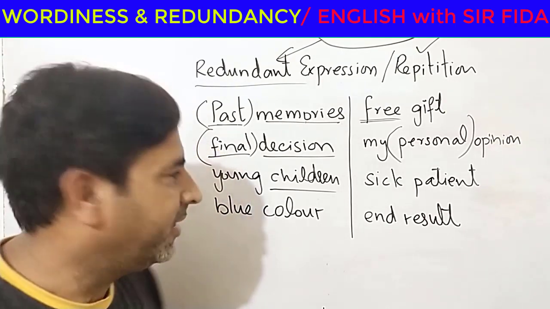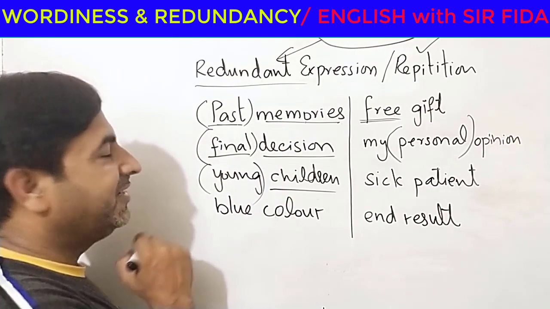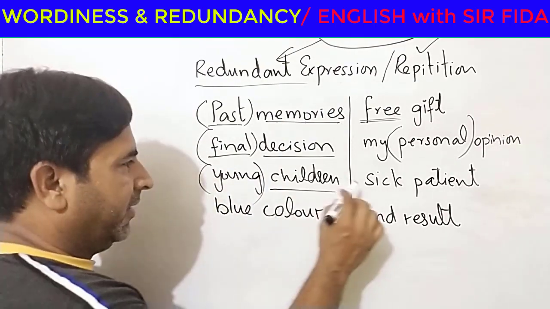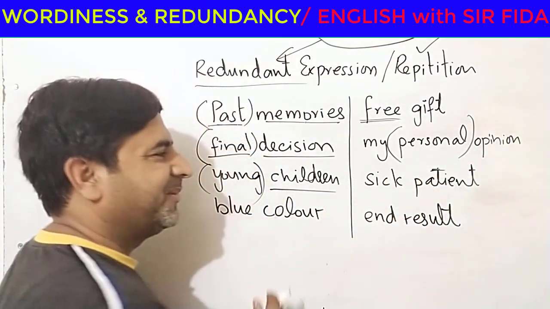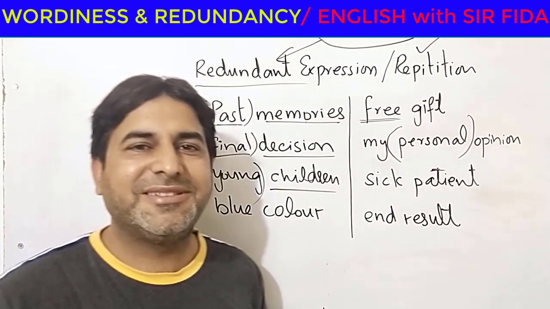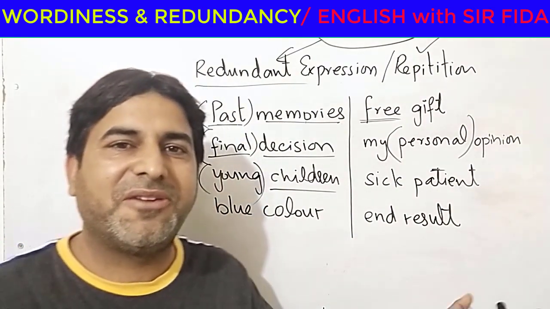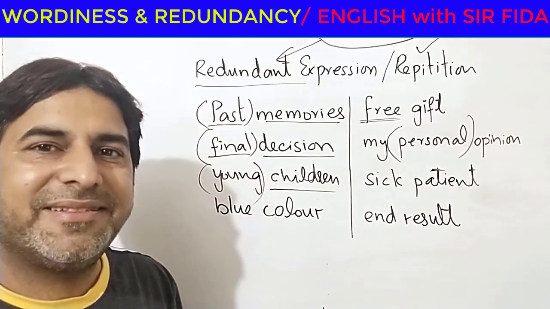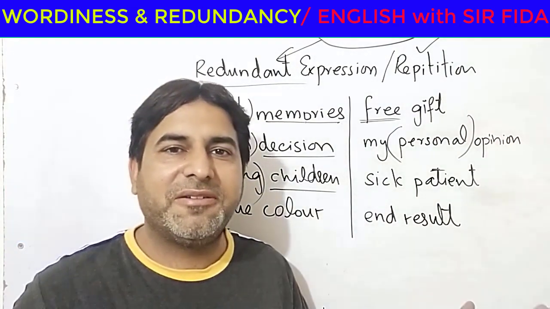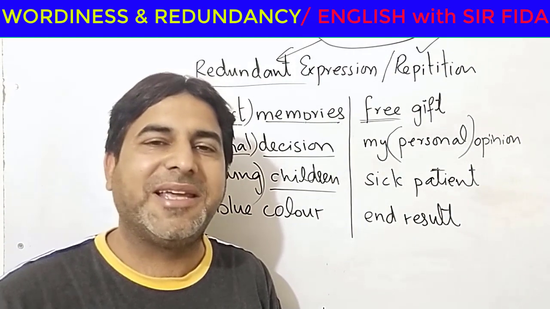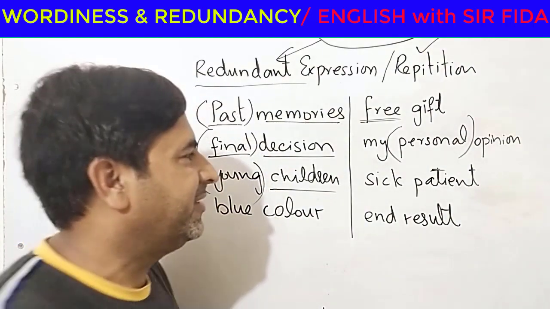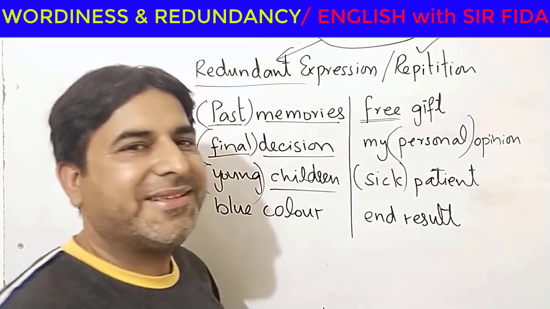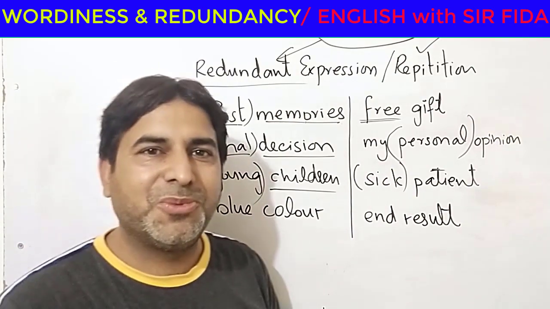So the redundant word is young. Then sick patient. Similarly, the definition of a patient is one who is suffering from some sort of disease, so sickness is there. That's why a man or a woman is called a patient. If somebody is a patient, it's understood that he or she is sick, so no need to point it out.